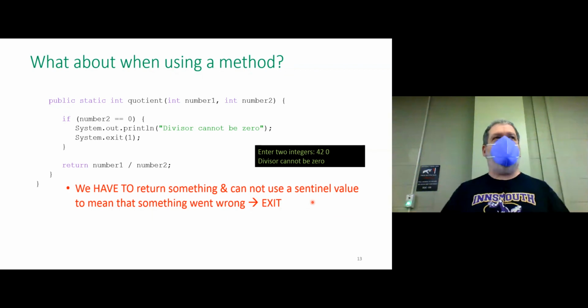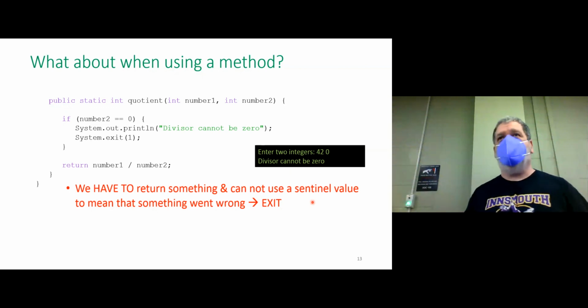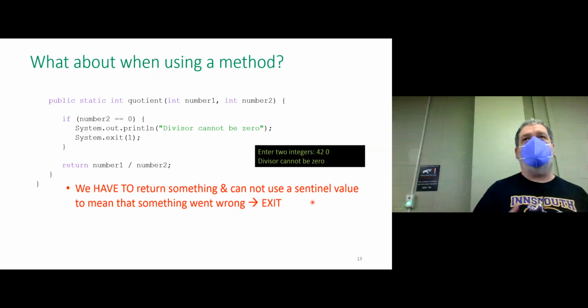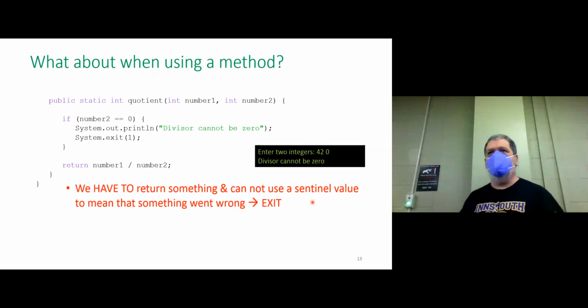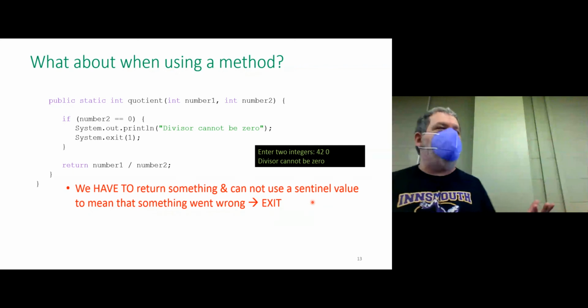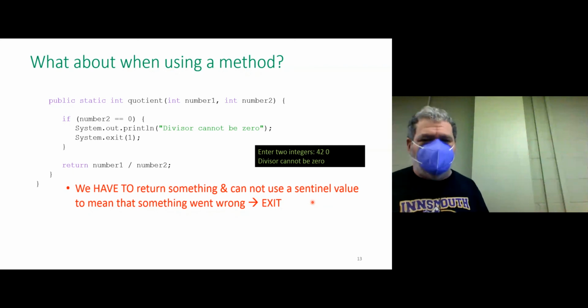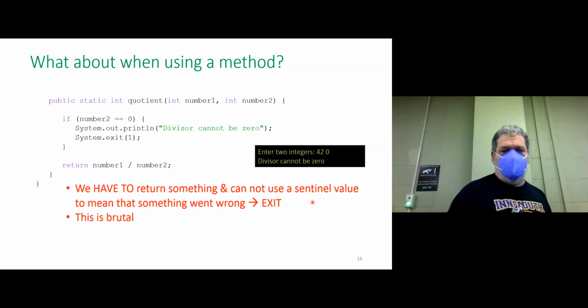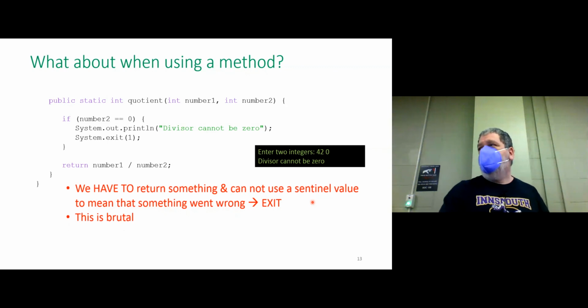Whoever called me said, I call you with two numbers, you give me back a number. There is no protocol for us to handle errors. And it's going to be like that for most methods, square root and whatnot. Anything that returns something generally doesn't have the luxury of a sentinel value in the range of returned potential values.